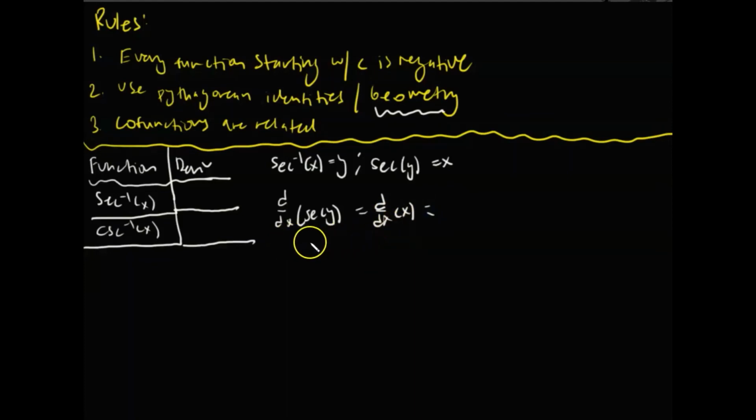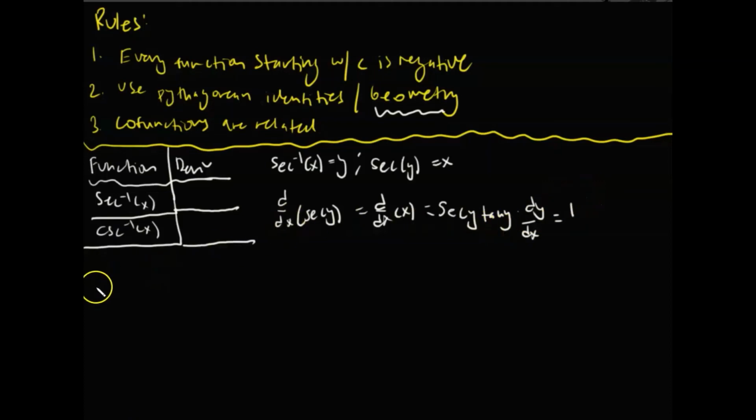Implicit differentiation. We know the derivative of secant y, well, if you've been watching this video, you know the derivative of secant y is secant y tangent y. And because we're differentiating with respect to x, and secant y is a function of y, we slap on that dy dx term. And that's just equal to the derivative of x, which is just 1.